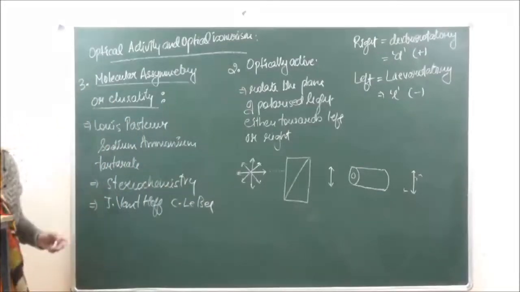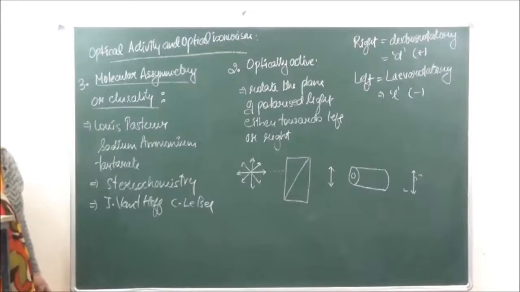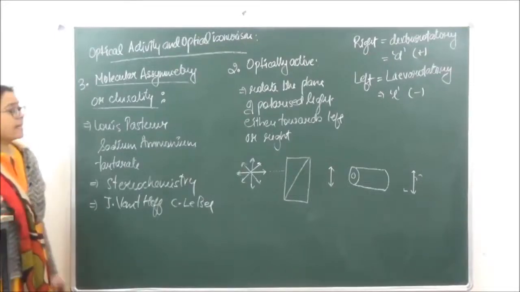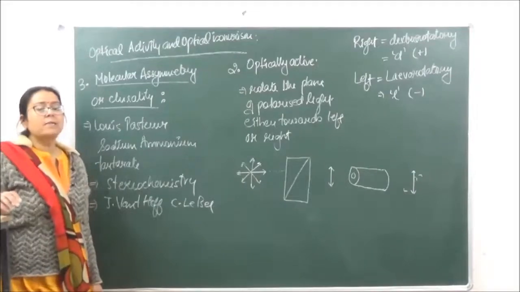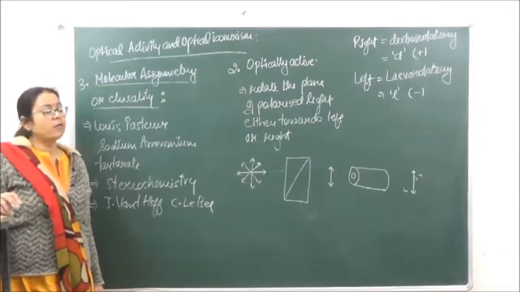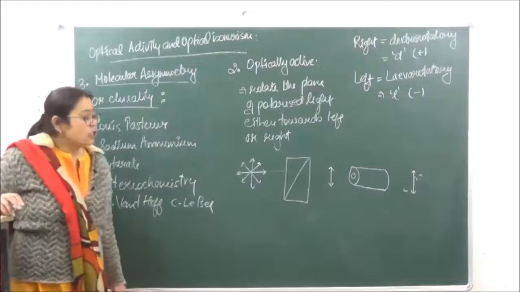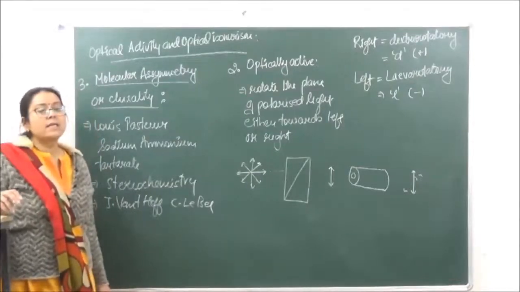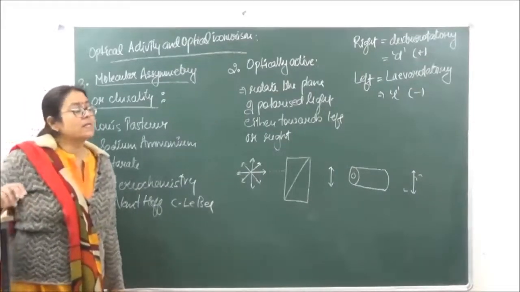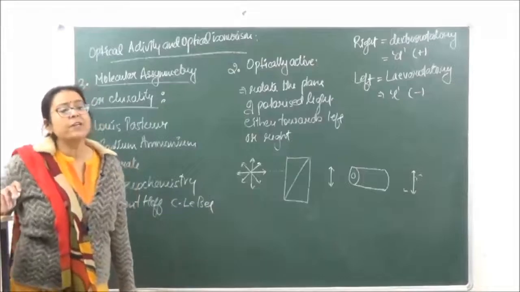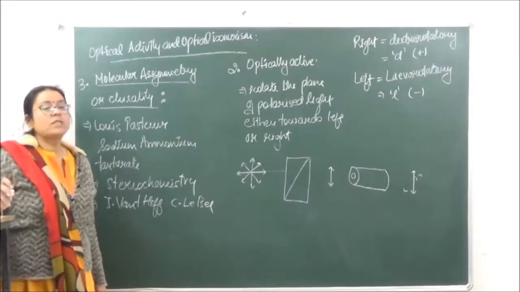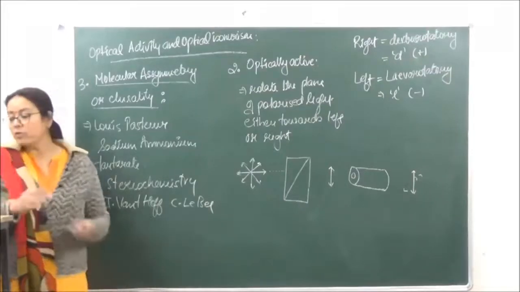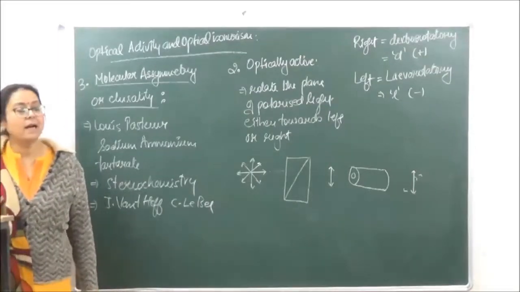They were independently working on these things, and they said that carbon has 4 valencies, and we also know that all the 4 atoms are tetrahedrally attached. So according to these two scientists, if any carbon is attached to 4 different atoms or groups of atoms, that carbon was said to be asymmetric, or it was known as a chiral carbon atom.